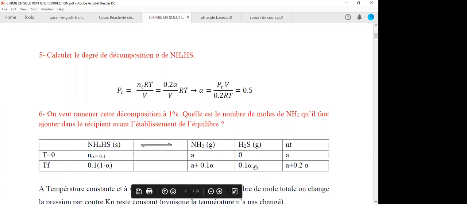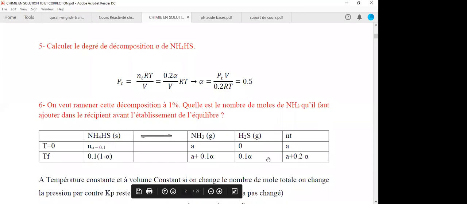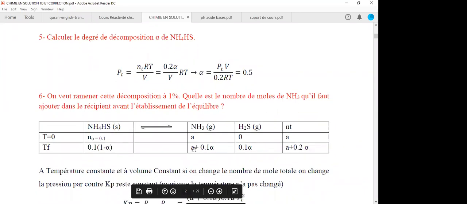Take note, here it is A, not alpha. This one and this one are different. This is A and this is alpha. So the number of moles of NH3 is A plus 0.1 alpha. The number of moles of this one formed is 0.1 alpha. The total number of moles of gas is A plus 0.2 alpha.